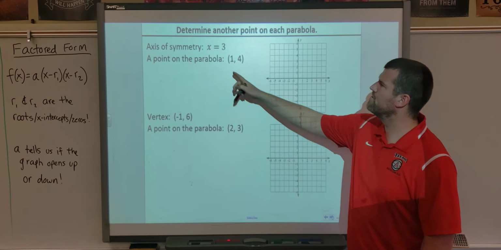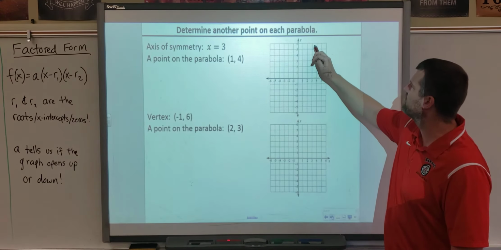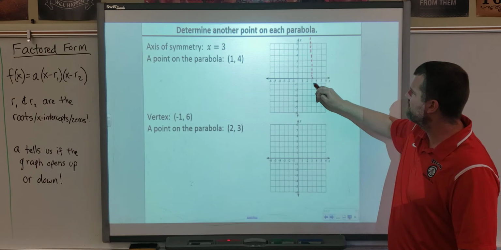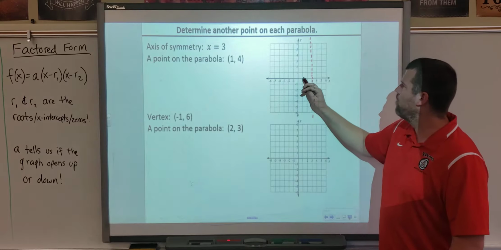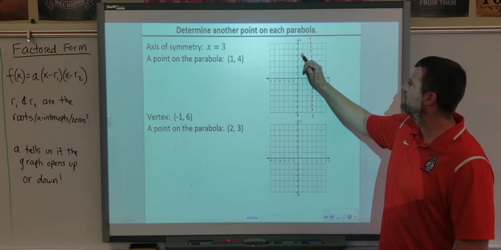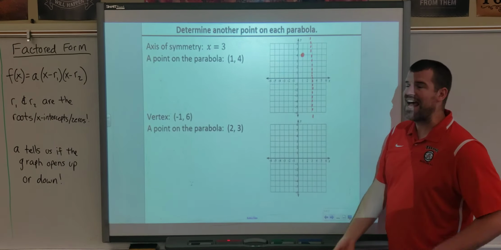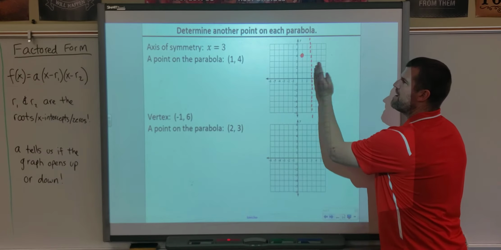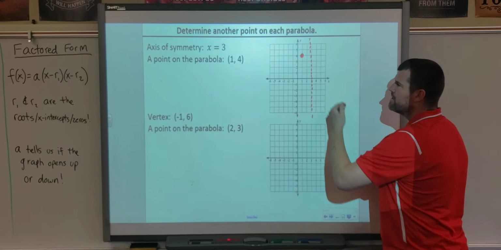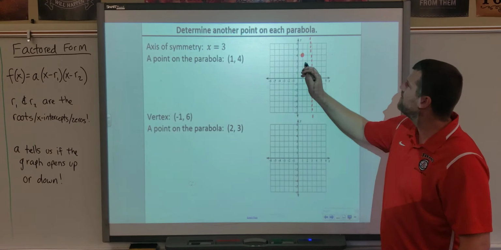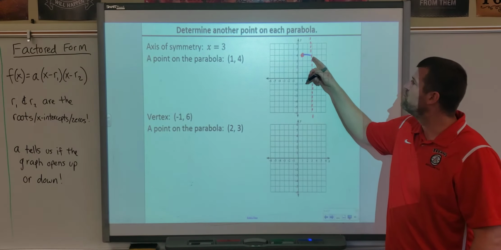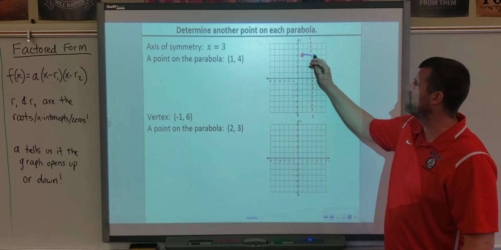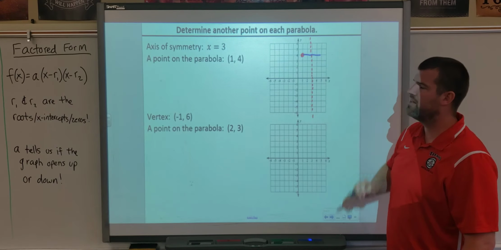So the first thing I'm going to do is my axis of symmetry is at x equals 3. That's a vertical line through 3. We know that there's a point on the parabola at (1, 4). And if this is an axis of symmetry, that means we have like a mirror image, right? So if we have a point that is 2 spots away from the axis of symmetry, don't we have to have another point that is 2 spots this way?